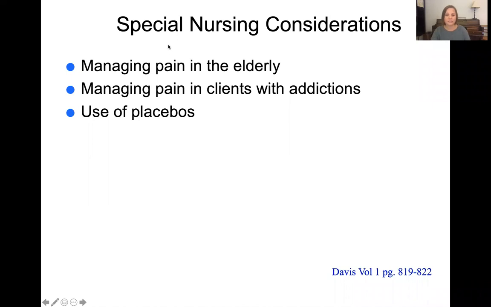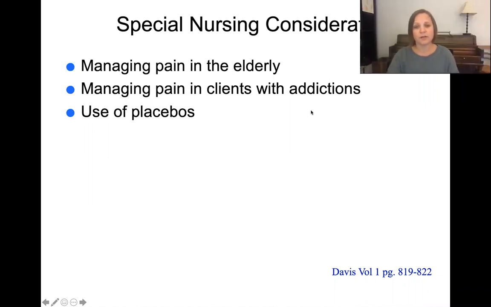So a couple of nursing considerations for some special groups. First of all, managing pain in the elderly. So we need to recognize that elderly are often undertreated for pain, but often have a very strong response to medications because they metabolize it slower, and so that medication stays in their body longer. So we need to do a careful assessment on pain in the elderly and manage appropriately along with our physicians.